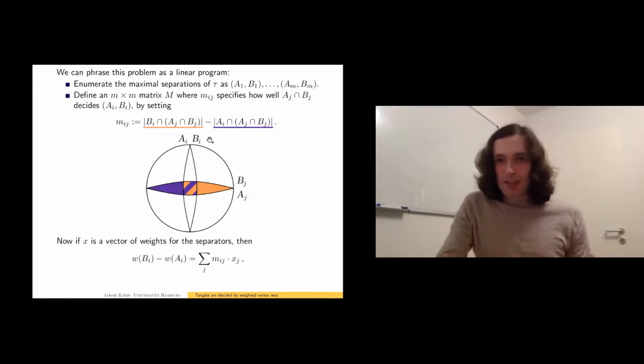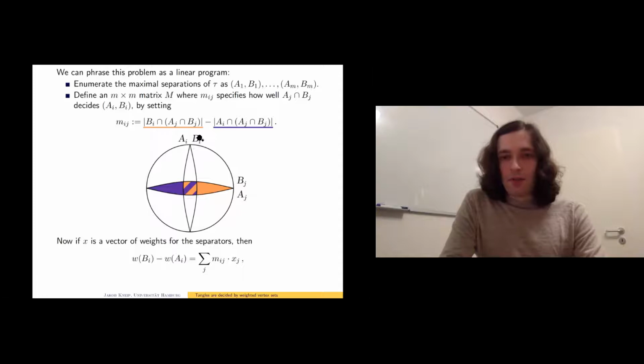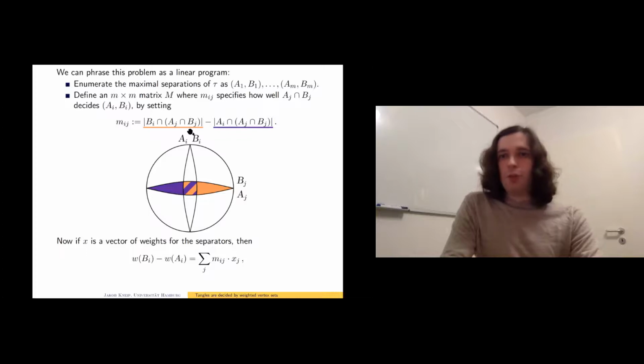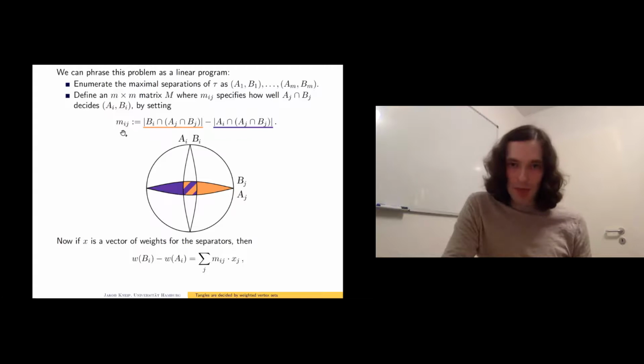And we can see that if xj is the weight that I've assigned to the separator here, I'm going to collect exactly Mij many instances of this weight xj in that sum. So if each of the vertices here gets the weight xj, then in total, orange many are going to contribute positively to the sum and the purple ones negatively, so I get Mij times xj.